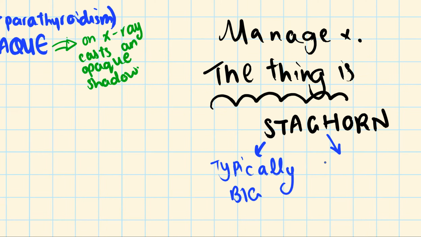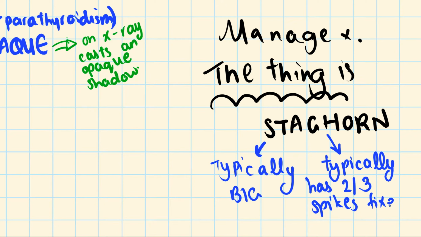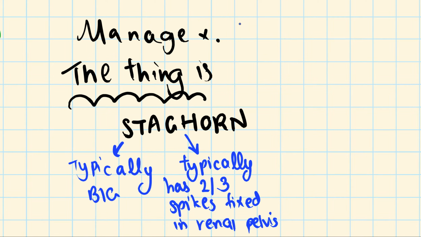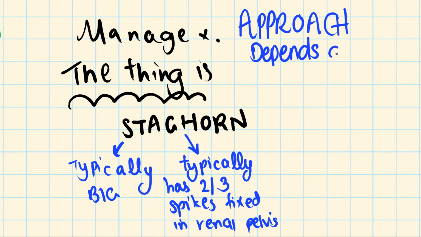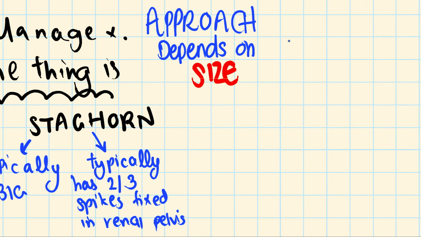A Staghorn stone is when the struvite stone is fixed into the renal pelvis, and it displays 2 or 3 spikes fixed into the renal pelvis. This is typically big, so it does in fact require some kind of surgery, okay? Now, the approach depends on the size of your stone.